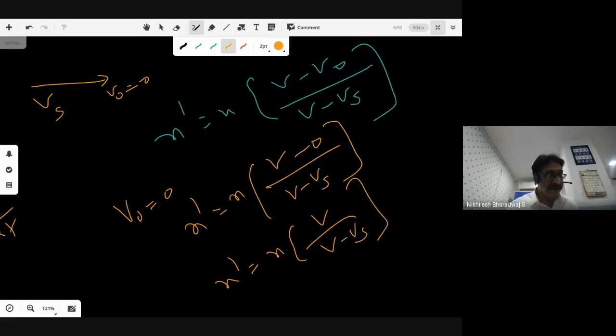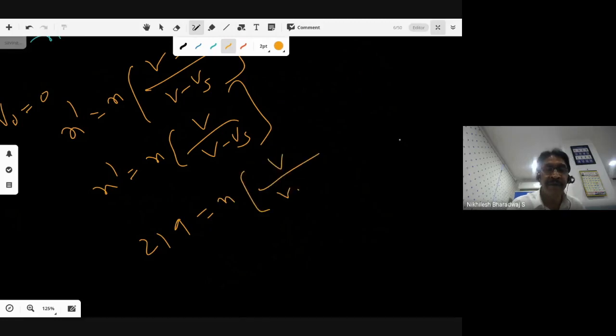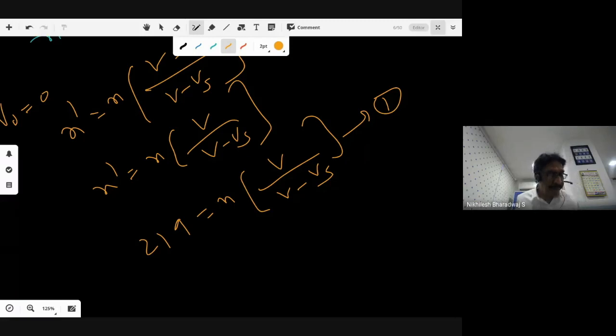What n dash has he given? 219. So you take it as 219 equal to n into V by (V minus Vs). Take it as case 1. Next case. The observer listens to the sound of frequency 184 Hz as it leaves, which means the source is moving away from the stationary observer.